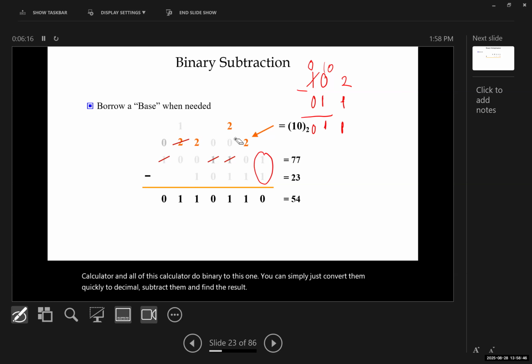Some of them even do binary subtractions. They also do binary to decimal, decimal to hexadecimal, and so on. But I just want you to know the principles of how this is done and how a computer does it. And later on, I will explain about half adders, full adders, and subtractors and how they work and the principle behind this.